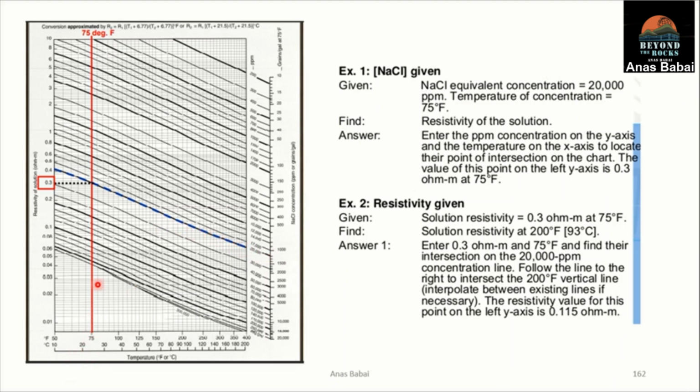At the intersection of the temperature with the concentration, we draw a straight line and find the resistivity value for this solution, which is 0.3 ohm meter at 75 degrees.